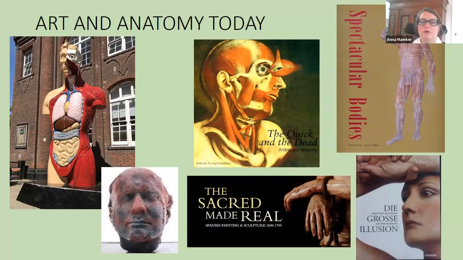And then on the right-hand side, you've got 4 examples of exhibition projects, The Quick and the Dead and Spectacular Bodies, both at the Hayward Gallery. You've got The Sacred Made Real at the National Gallery London, and for instance, Die große Illusion on veristic sculpture, which was at Liebighaus, Frankfurt.